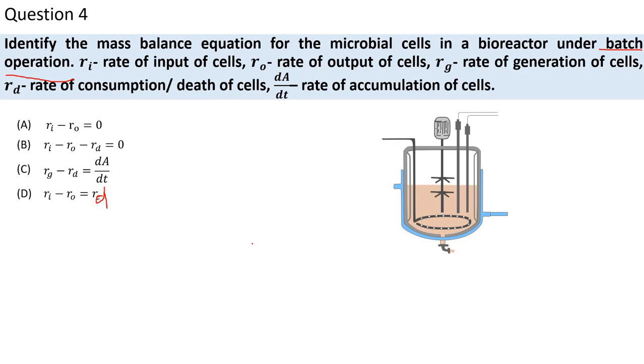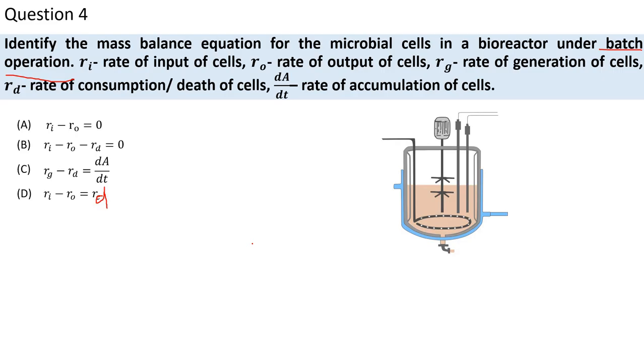But once the batch operation starts, there will not be any inlet or outlet of the cells, and other than taking samples, we will not be removing or adding media for any reason. Okay, so now we will see the equation.